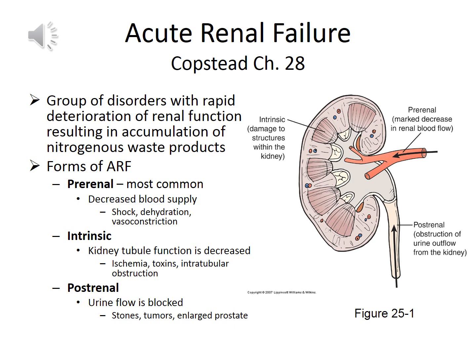Just as a reminder, we have different etiologies of acute renal failure. We have pre-renal failure, which is really a decrease in blood supply. This is the most common form. We have kidney damage itself, the intrinsic form of renal failure, where primarily we're dealing with decreased kidney tubule function.